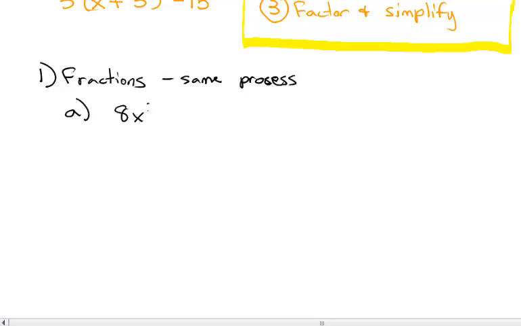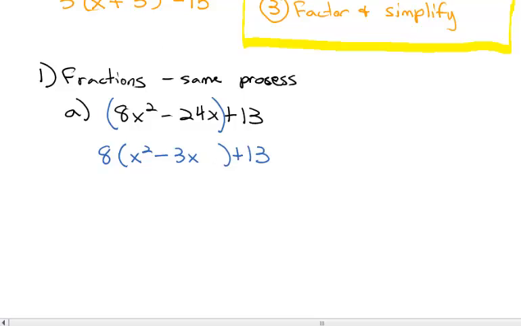For example, if we have 8x squared minus 24x plus 13. Step 1 was to factor a out of the first two terms. So we factor 8 out, leaves behind x squared minus 3x plus 13. Step 2 is to complete the square, which means we're going to find half of b, which is 3, squared.